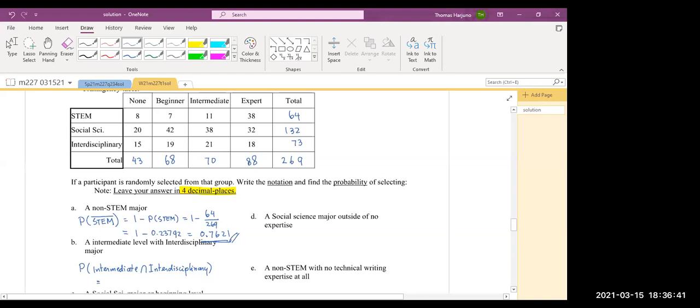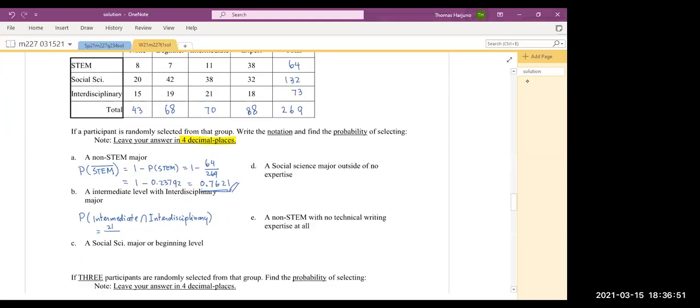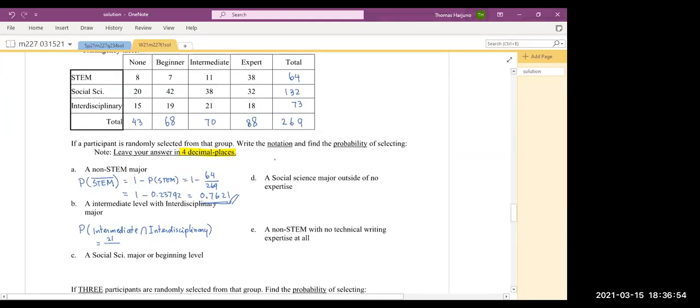So would that be the 21? 21 over 269, right? Yeah. 21 over 269 is 0.0780781 if I do it to 4 decimal places.